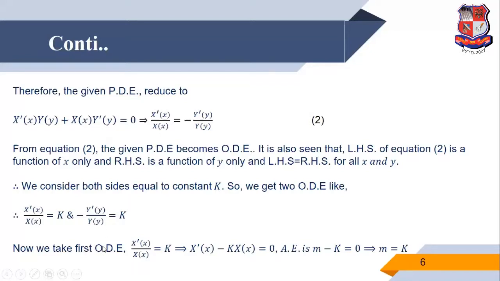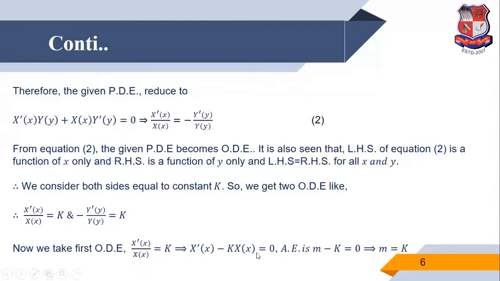Now we take the first ODE, X'/X = k, where X' is a function of x and X is also a function of x. So this implies X' = kX, so X' - kX = 0.